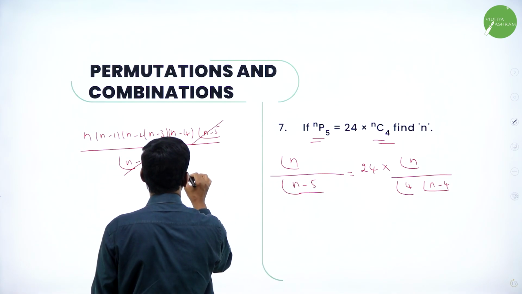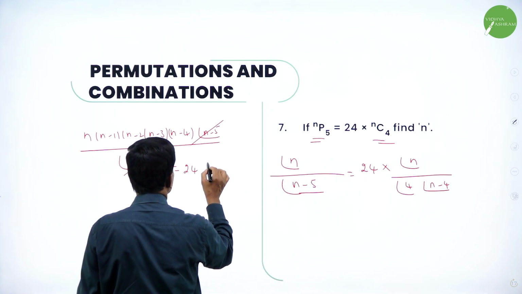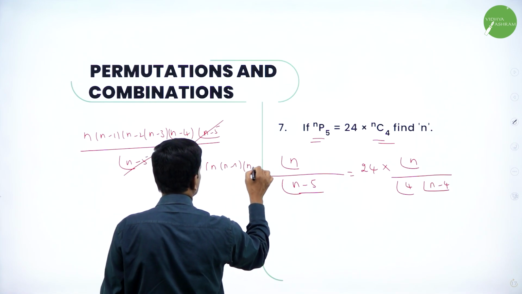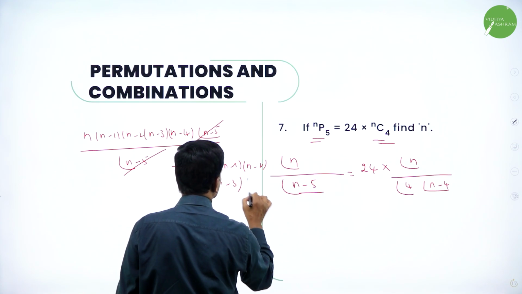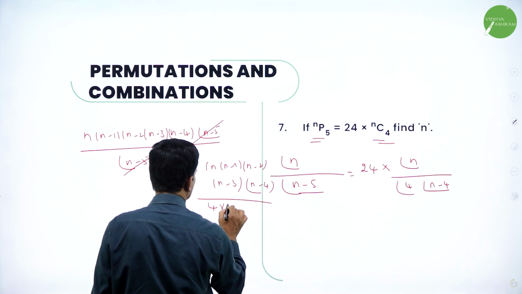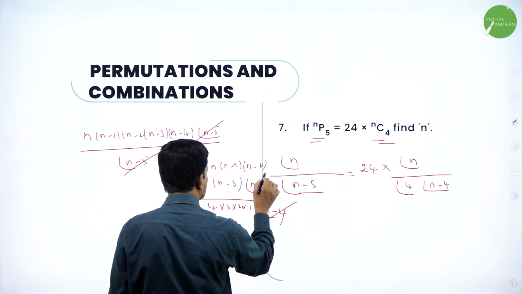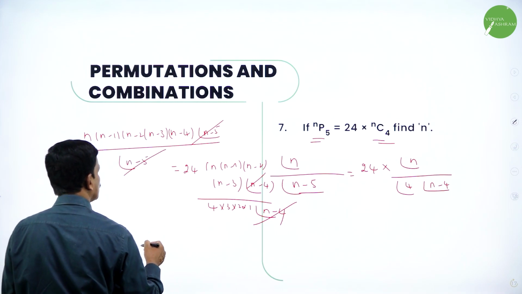On the right hand side, 24 into, again, n factorial is n into n minus 1, n minus 2, n minus 3 and n minus 4 factorial, divided by 4 into 3 into 2 into 1 into n minus 4 factorial. These two get cancelled. So what is left in the numerator and denominator?